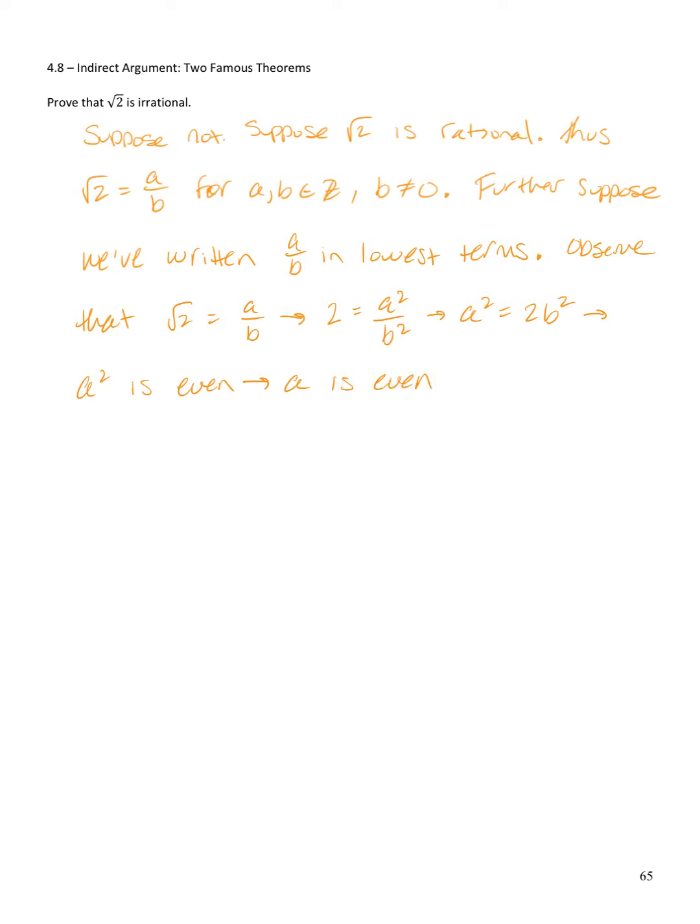That was a proof by contrapositive. So we're just going to assume that we know that now. If a is even, then a is 2 times an integer.